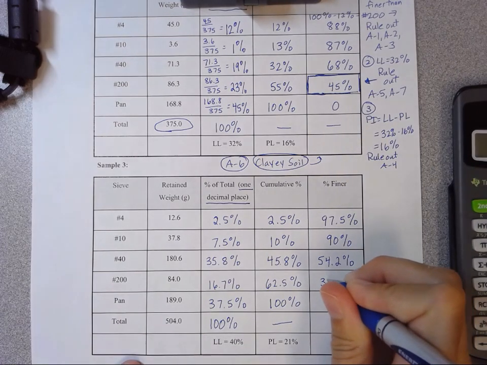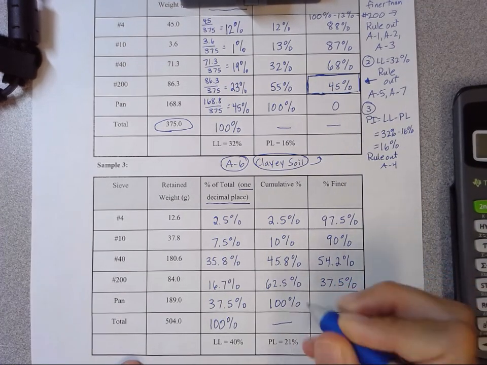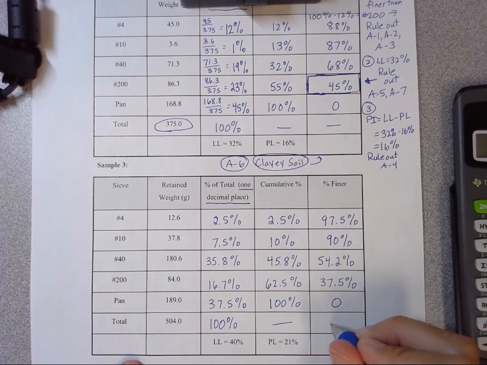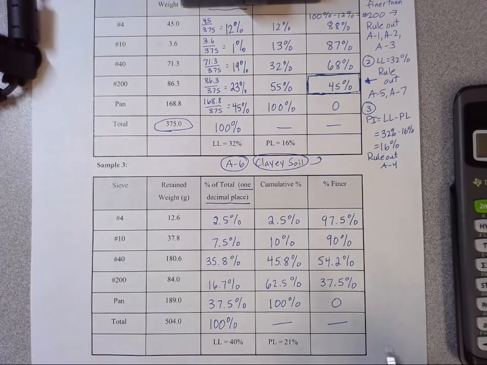That's my number of interest. And then remember, this is just 100 minus 100. You can put a 0 there or just a dash, or leave it blank, up to you.